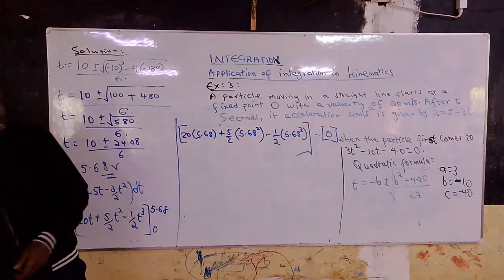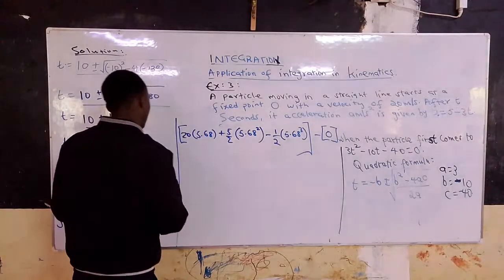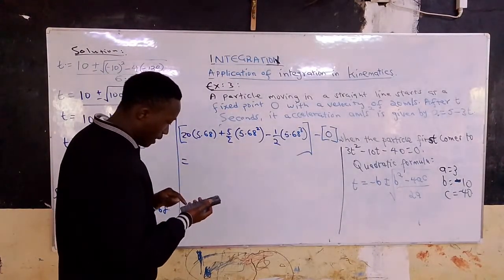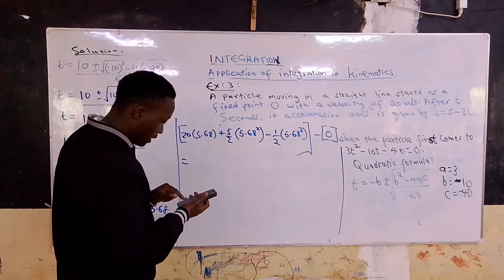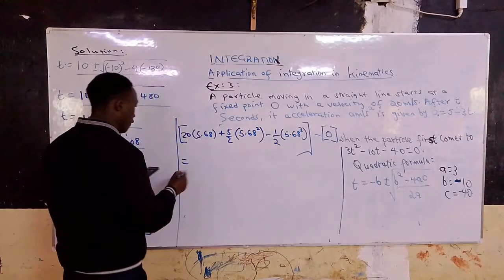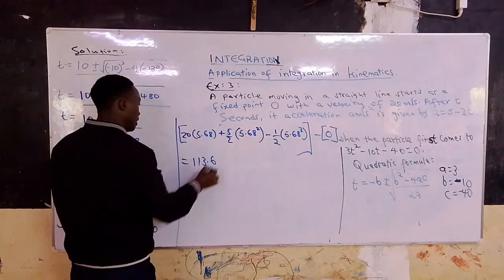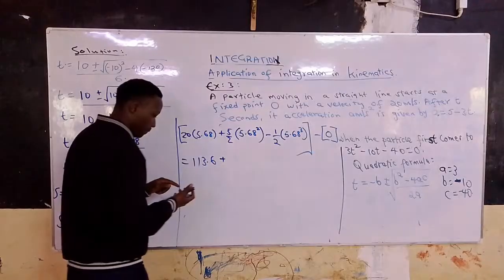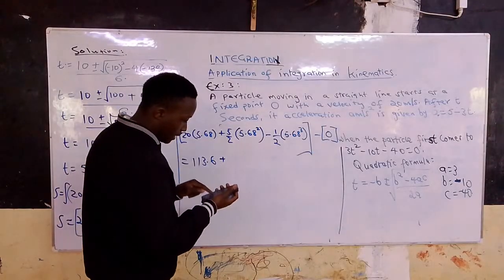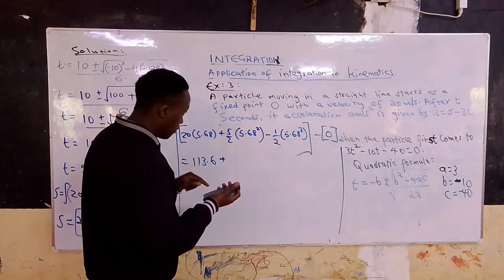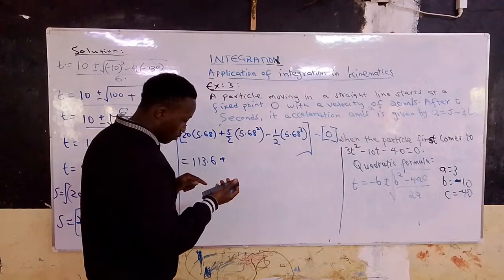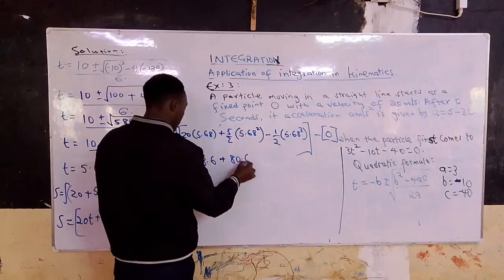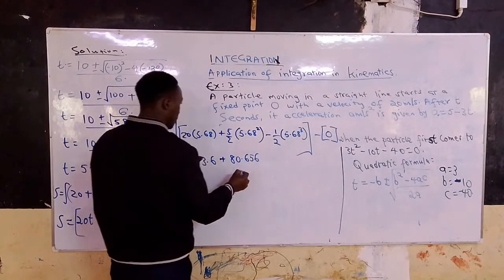And by doing that, we are going to have 20 multiplied by 5.68, which gives 113.6, plus 5.68 squared multiplied by 5 over 2, which gives 80.656.